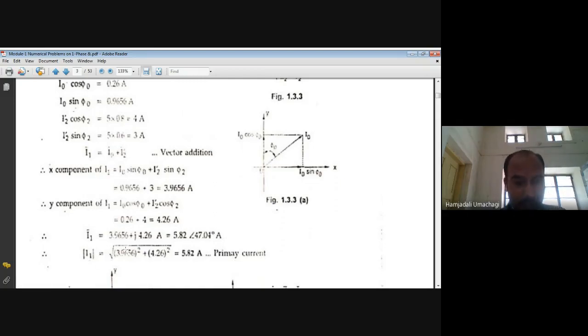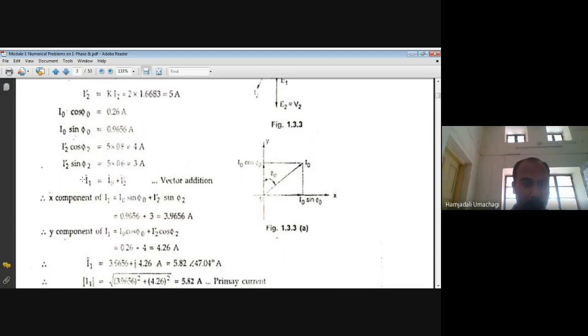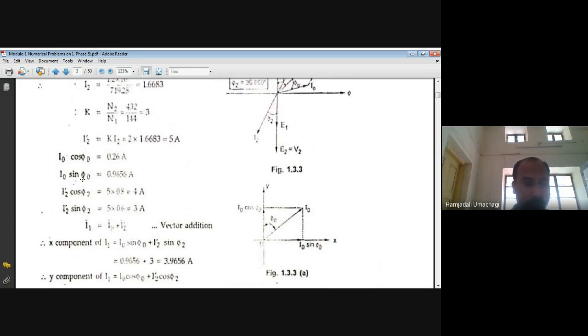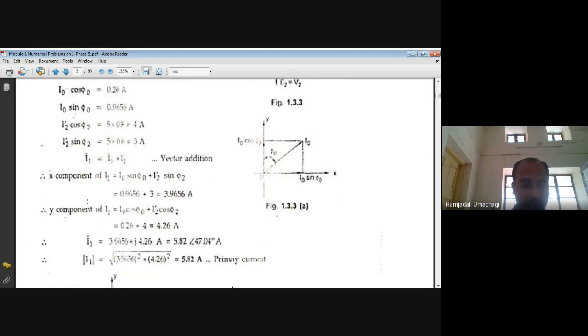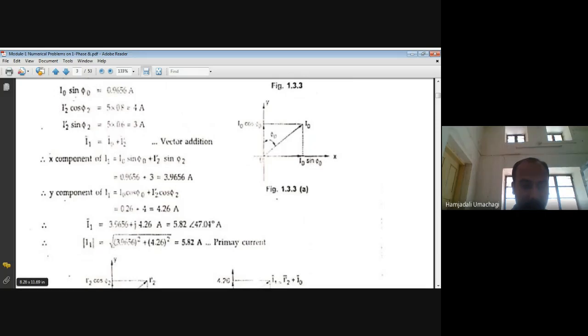To get this answer, we need to calculate the x component, y component, magnetizing component, and active component: I2 dash cos phi 2, I2 dash sin phi 2, and this I2 dash. Depending on all these values, finally we estimate the value of I1, the primary current.